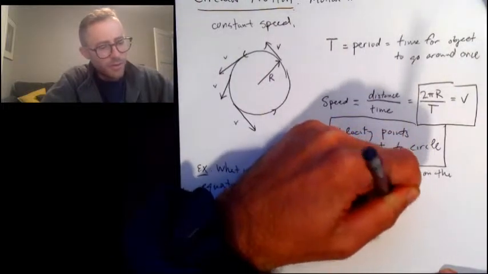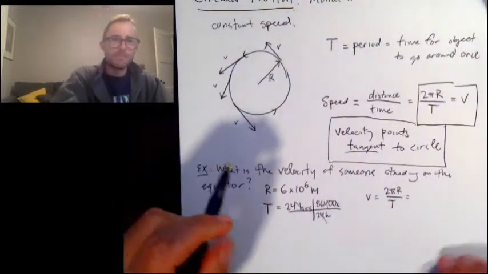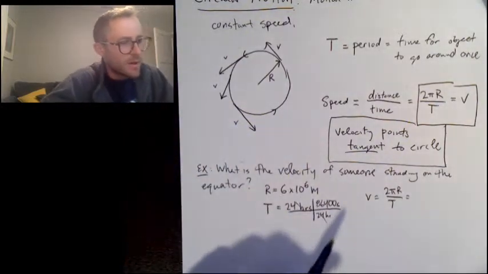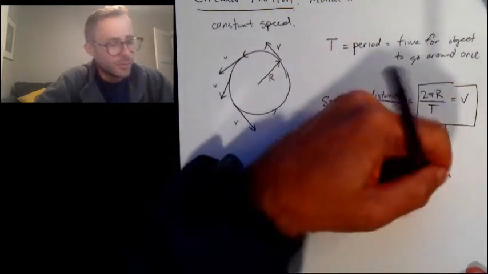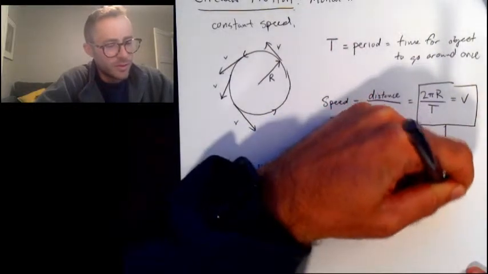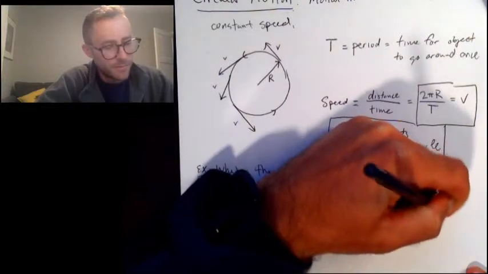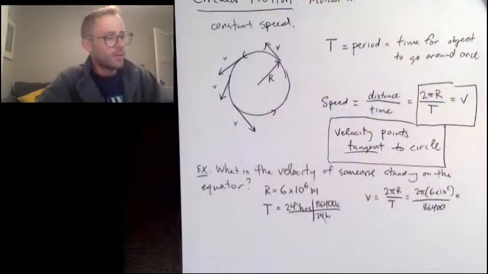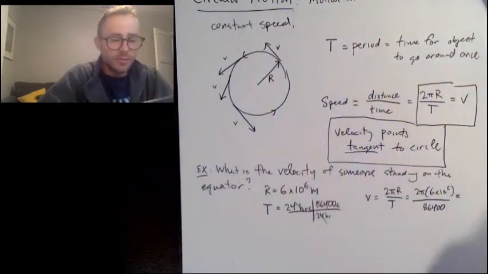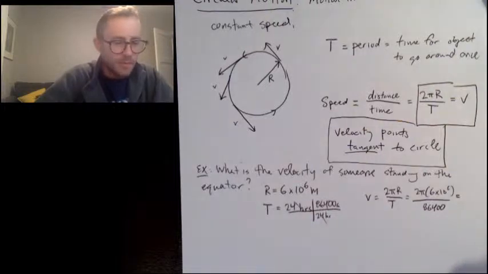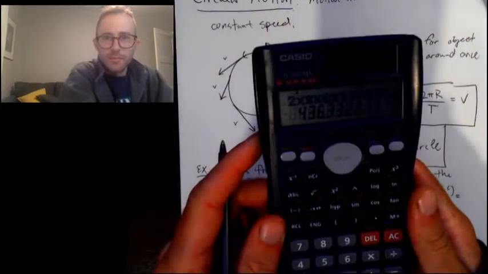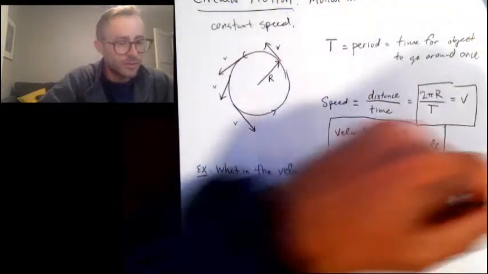2 pi r over the period. Okay? And so we have 2 pi times 6 times 10 to the 6th divided by 86,400. And that equals, so plugging this into my calculator, 436 meters per second.